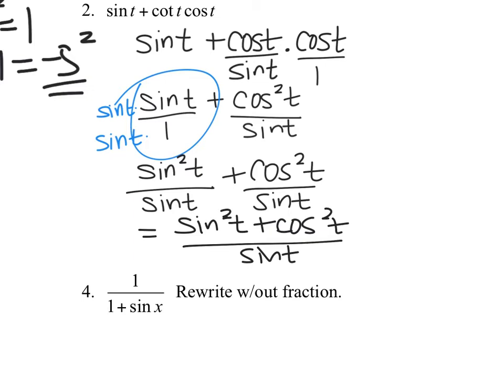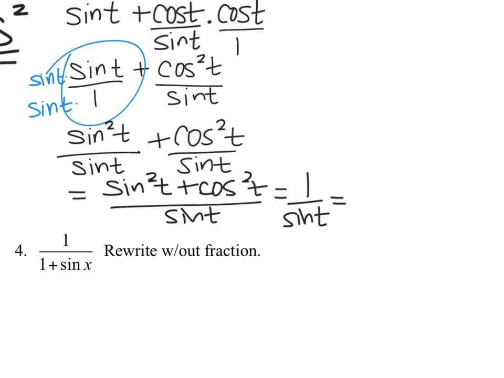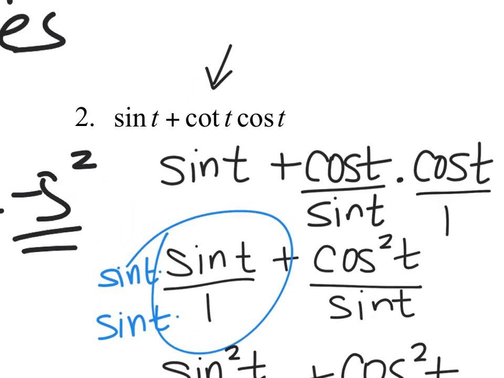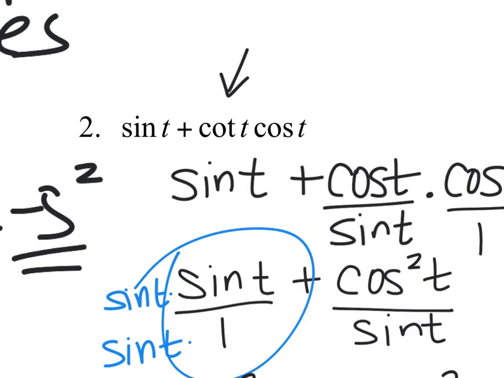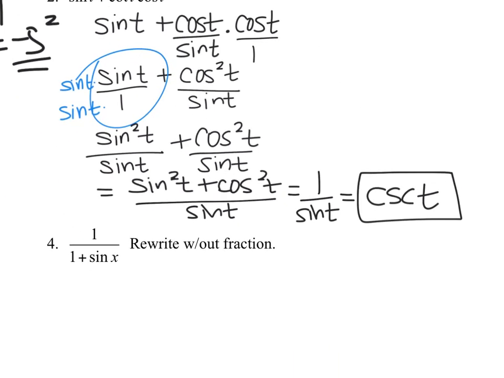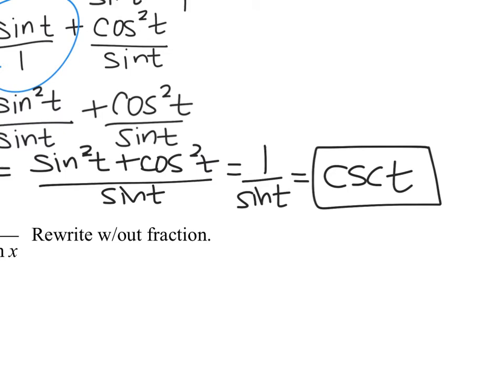Sine squared t plus cosine squared t equals 1. And what is 1 over sine t? Cosecant t. And that is simplified as far as you can go. We went from sine t plus cotangent t cosine t, and we got it to be cosecant t.